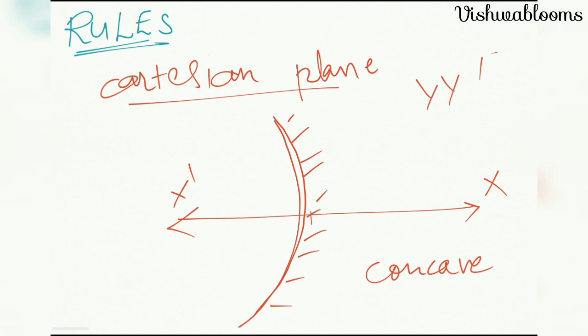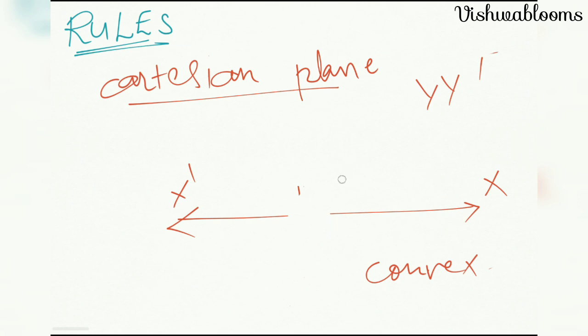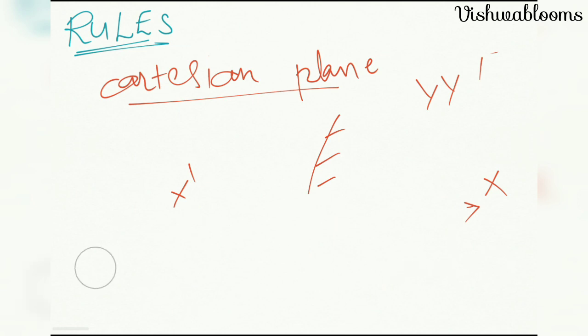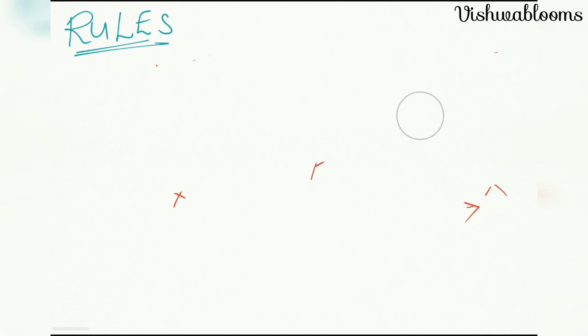And if you want to draw a convex mirror, just remove this mirror here and I'll place that mirror. So this is how a convex mirror will be placed. Clear? That's all. Here only objects must be placed. Clear? Fine. Now let's come to the rules. This Cartesian plane is clear and we will move on to the rules.